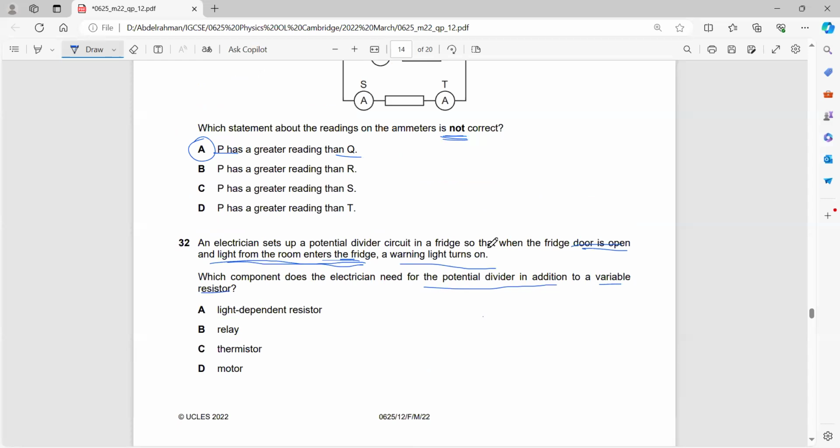Which of these components should we add? Definitely it has to be A, the only component that depends on the light. When you have light coming from the room, you need a light dependent resistor.